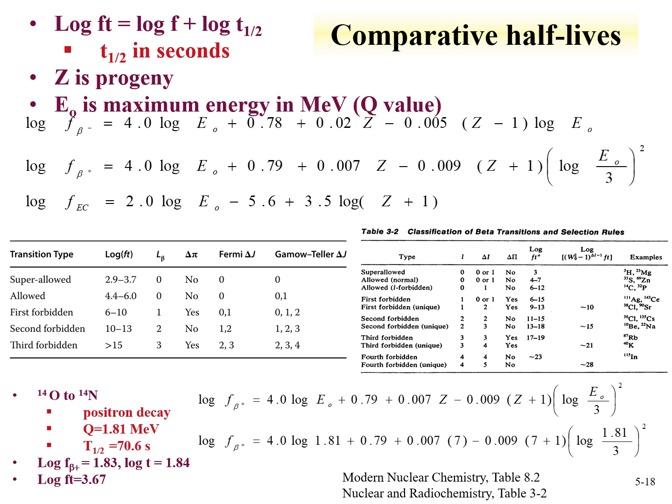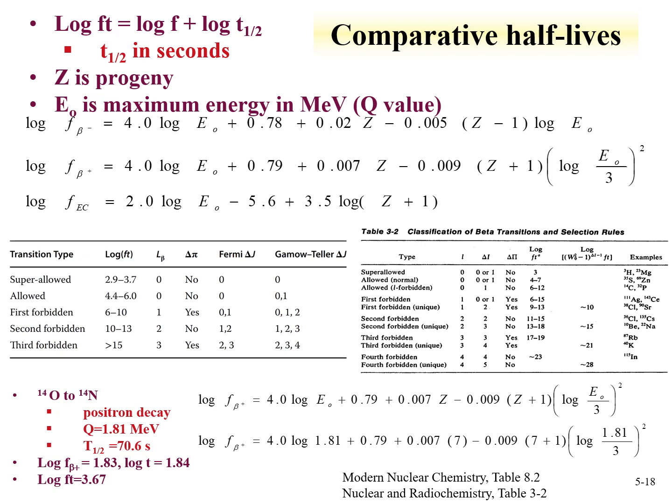If I take my positron equation here and plug in my values for the decay of oxygen-14, the Z is now the Z of nitrogen, and the Q value is for the E. I come up with a value of log f beta plus of 1.83.